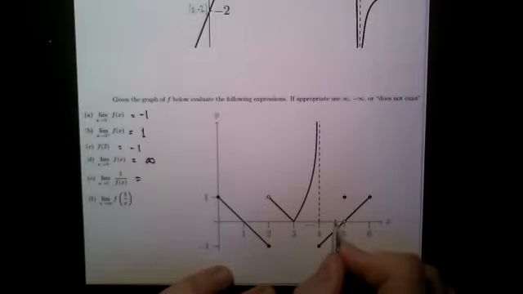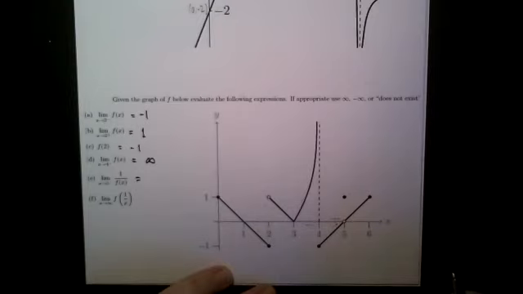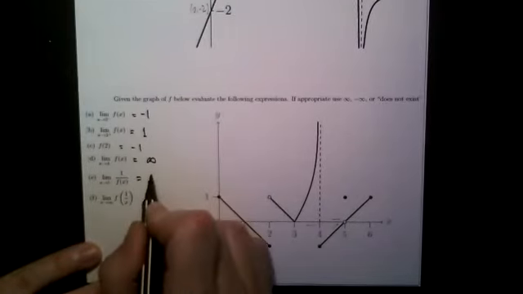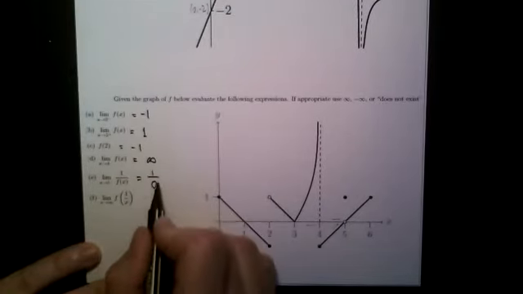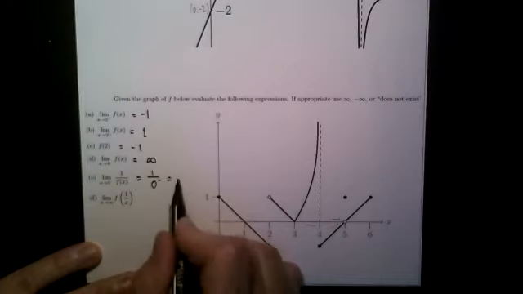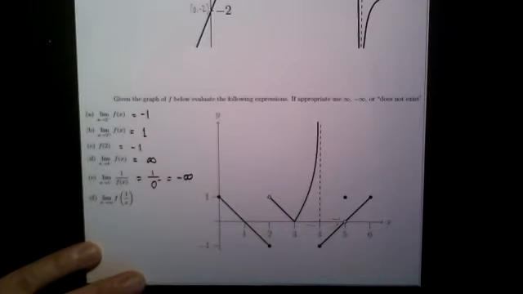But if I'm approaching x equals 5 from the left, I'm approaching 0 from the bottom. You're right to say that it's 1 over 0, but it's 0 sort of with a minus. It's the negative side of the 0, so this will be minus infinity. Okay, good.